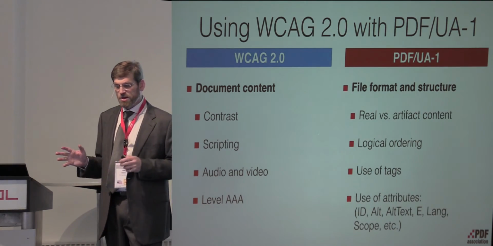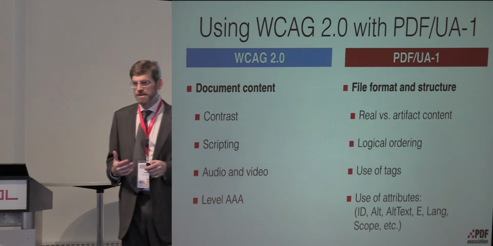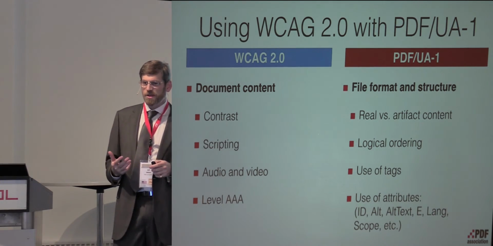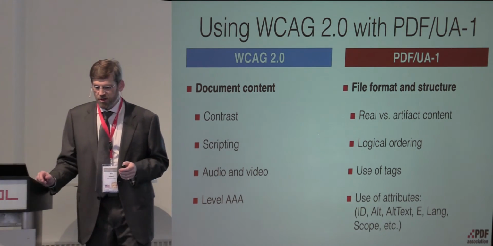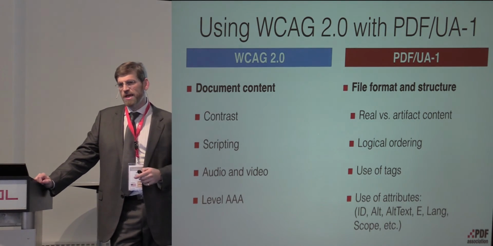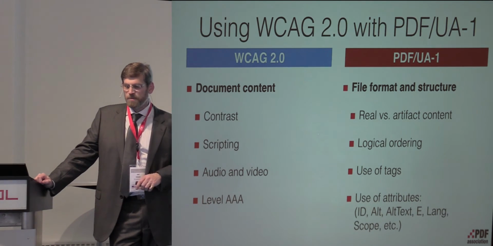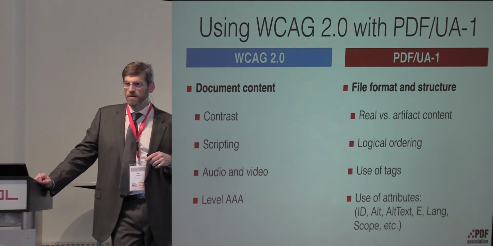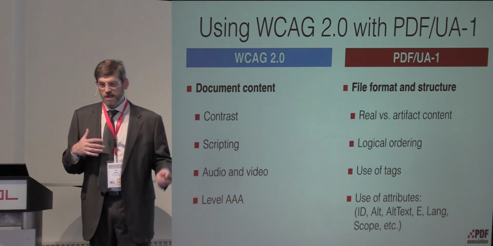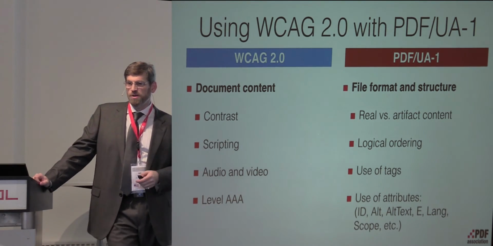So with WCAG 2.0, you might think of referring to it from the point of view of document content. For PDF/UA, you might think of it in terms of file format and structure. Whether or not, for example, page footers and headers are included in the accessible portion of the content, the ordering of content, the use of the tags, so appropriately using a figure tag or a heading tag and so on, and the attributes for these tags.